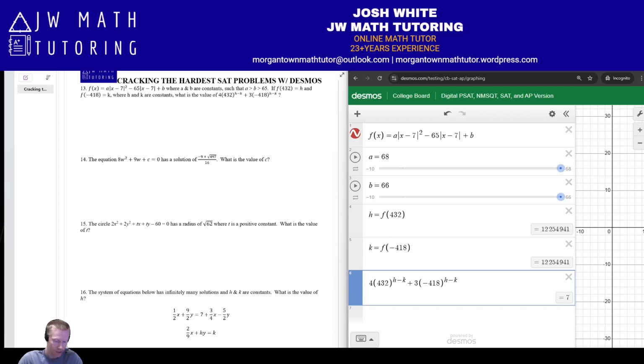And we can do the entire thing in Desmos, and you probably already recognize the reason that this happens is because since h and k are the same, like these two x values have the same y value, basically they're symmetric points, what ends up happening is this h minus k is 0, so this whole thing goes something to the 0 is just 1, and the same thing happens in the second expression, so you really just end up with 4 plus 3 equaling 7. But anyways, this is how we could do the entire thing in Desmos just to calculate it for us and confirm it.